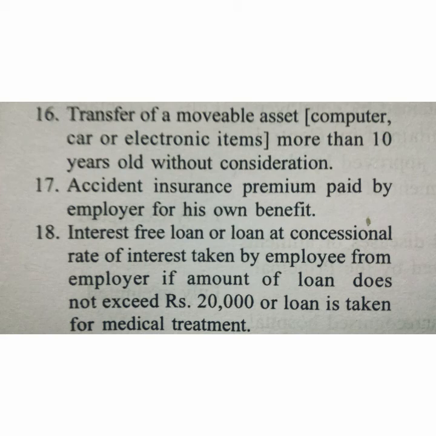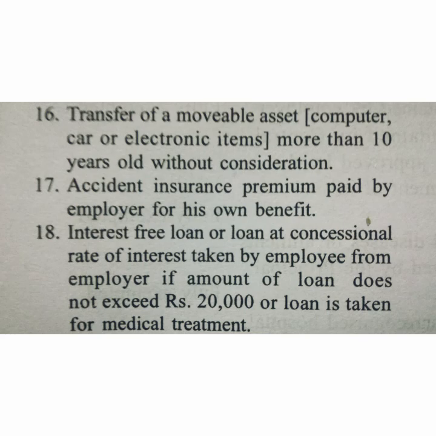Now point number 18, a very important point. It's an interest-free loan or loan at a concessional rate, meaning if the employee has borrowed money from the employer, that is a loan, right, and if the employer is not charging any interest, that means he's not taking any extra money. If he has taken 18,000, return 18,000, no need to give anything above.